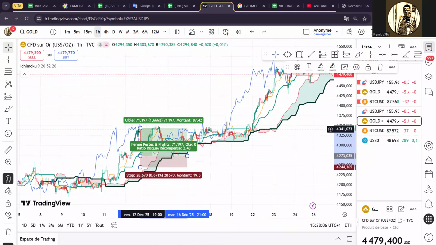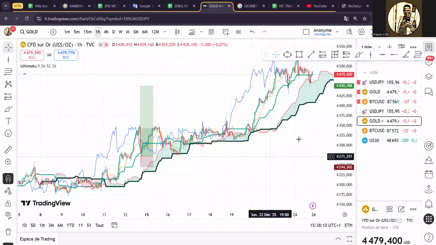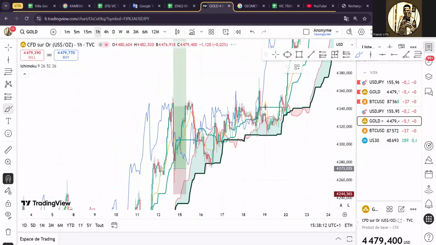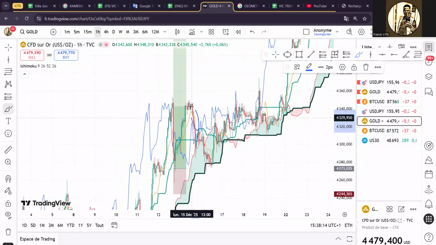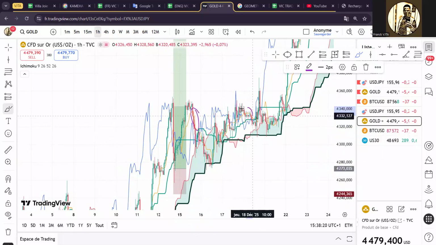You realize that Tenkan bended down first here. So this one would have been your first take profit on H1. Then the next one will be this one, this bend. Then they can move up and then bend here again.